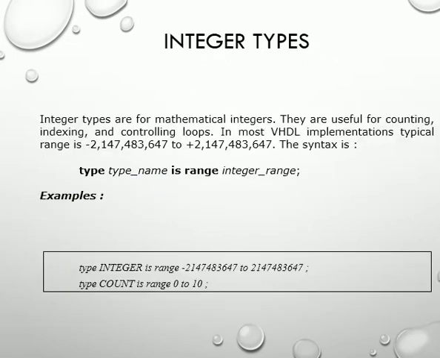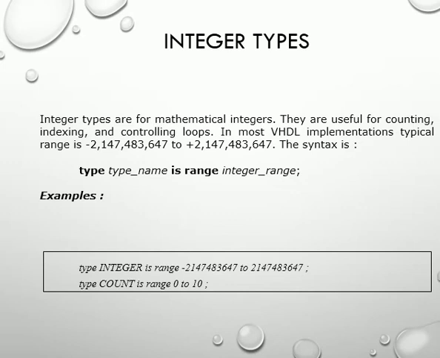Then another type is the integer data type. Integer data types have values that are the mathematical integers. So when are they useful? They are useful for counting, indexing and controlling loops.